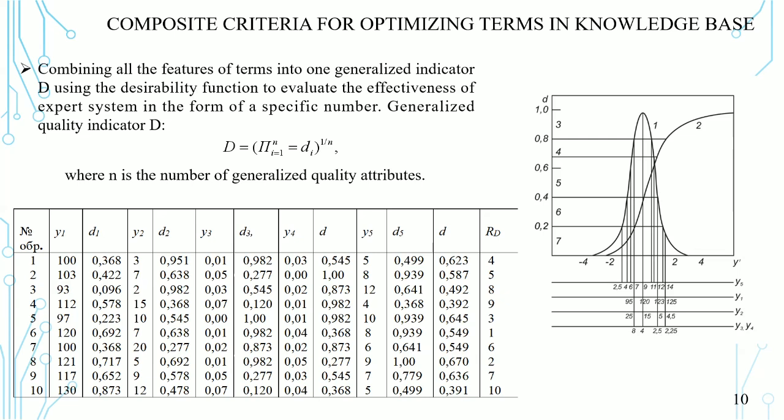The mistakes in spelling, the mistakes in numbers, points, and so on. And we can combine all these features of terms in one generalized indicator using the desirability function to evaluate the effectiveness of the expert system in the form of a specific number, to delete and correct the incorrect terms.